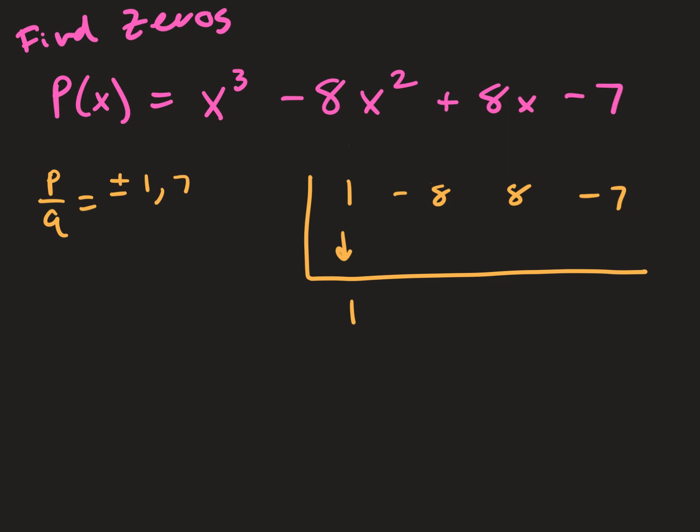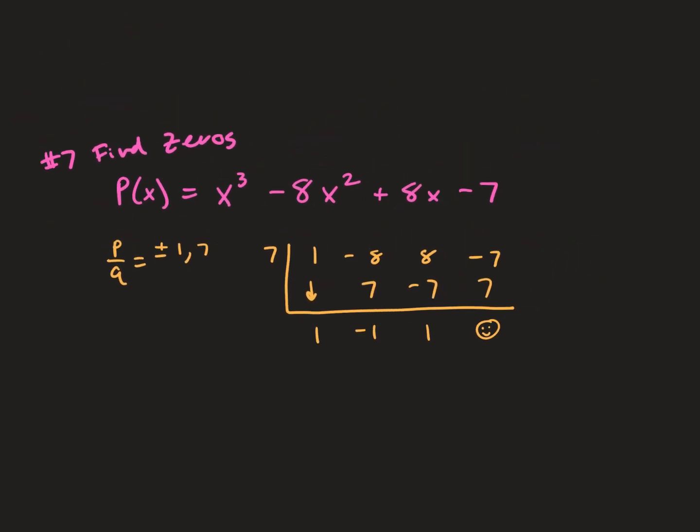What do you want to try next? Let's try 7. Multiply, we get 7, negative 1, negative 7, 1, 7, 0. Does it work? Yes, so one of our zeros is 7. That is one solution.